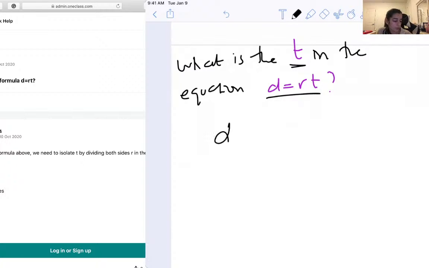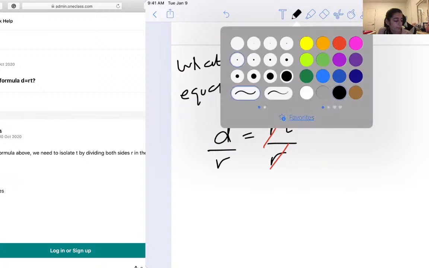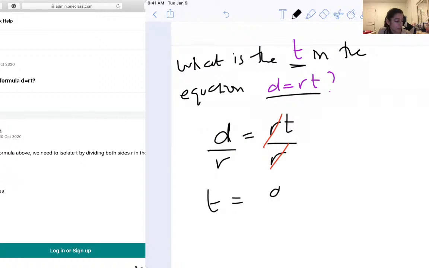So we can write that equation down. All we have to do is get rid of the r, and we can get rid of the r by dividing by r on each side. So this ends up getting canceled out, and we are left with t is equal to d over r.